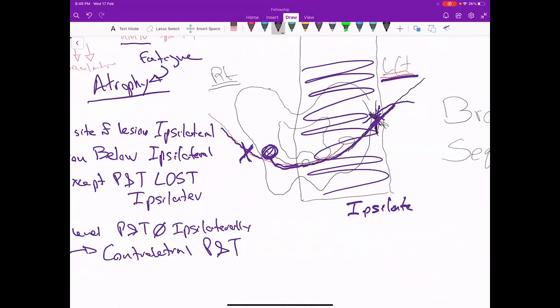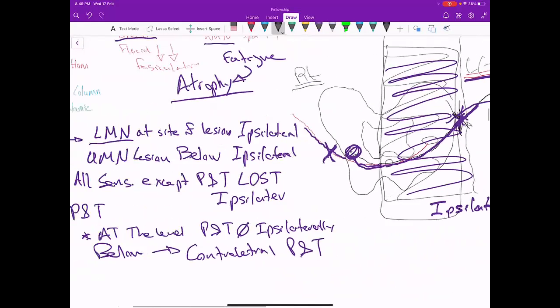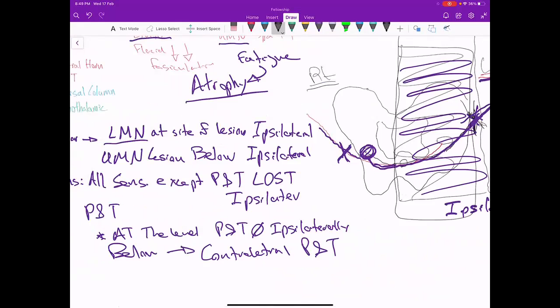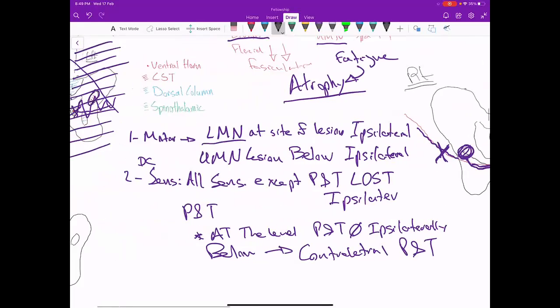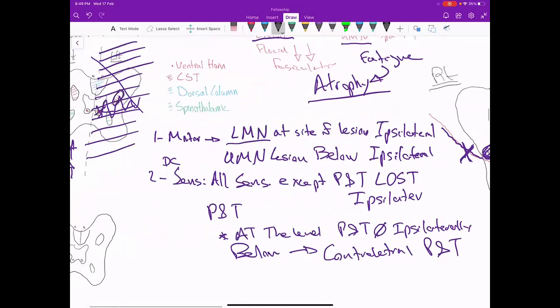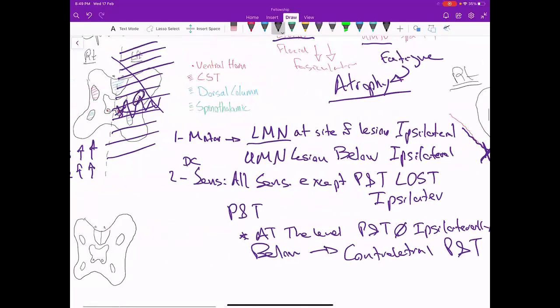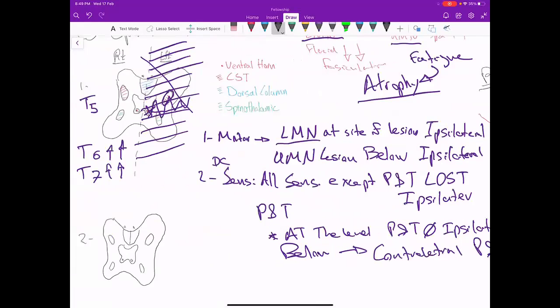When you have complete loss of half the spinal cord, and we have ipsilateral loss of everything at the site of the lesion, and upper motor neuron paralysis below the lesion, and loss of pain and temperature opposite below the lesion, then this is known as Brown-Séquard syndrome. Another very simple way for you to remember it is you lose the dorsal column and corticospinal on one side, and you lose pain and temperature on the other side. But you have to know these details in case of MCQ.